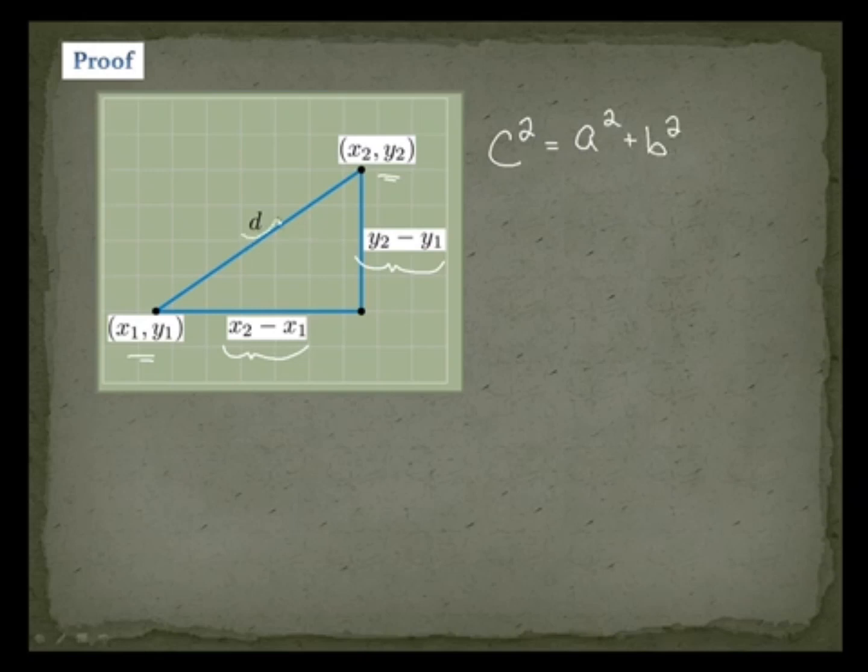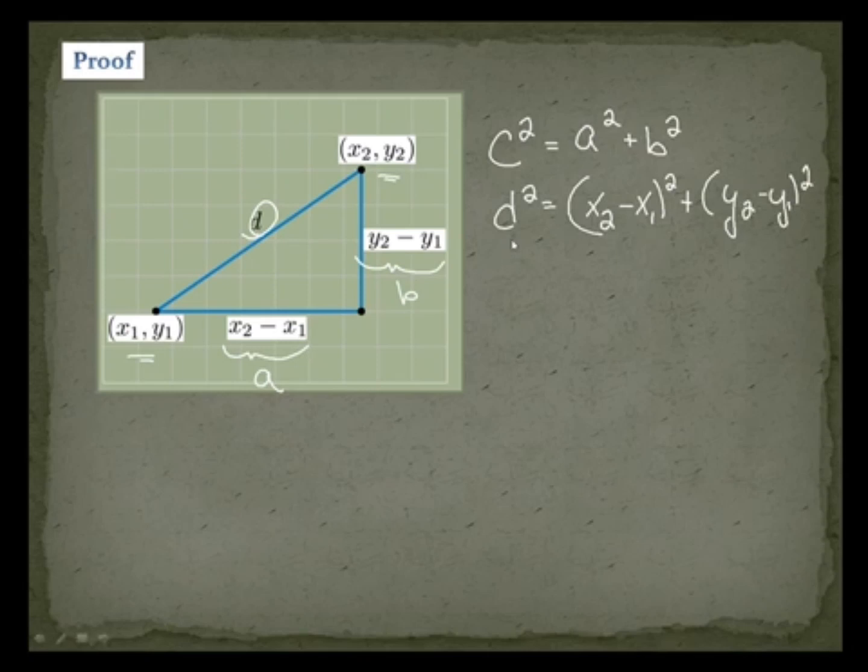So c squared is your hypotenuse, so that's d. So d squared equals, and we're going to use this as our a, x sub 2 minus x sub 1 squared plus, and this will be our b, y sub 2 minus y sub 1 squared.